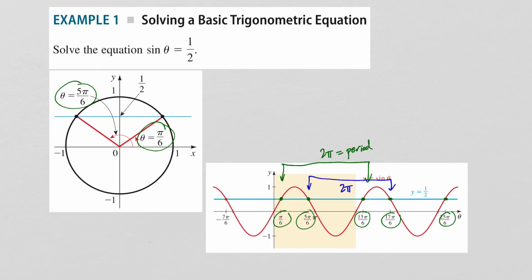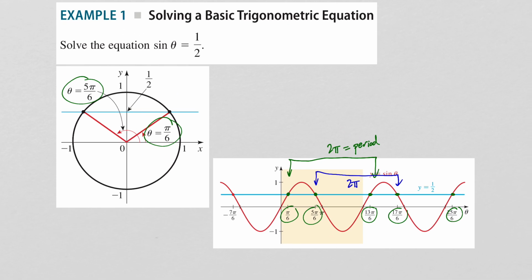So we can capture all of the solutions to this equation by simply realizing that if we have the fundamental solution, which in this case is pi over 6, we can add any multiple of 2 pi, and that's going to give us another solution. So the way I can represent all the solutions here is pi over 6 plus 2 pi times k, where k is equal to any integer.